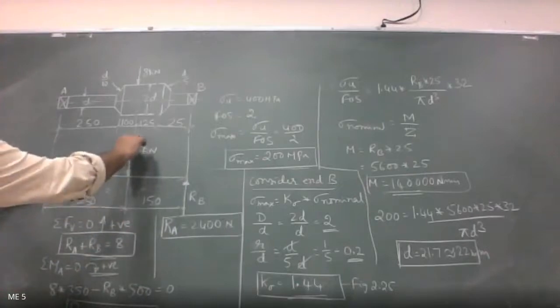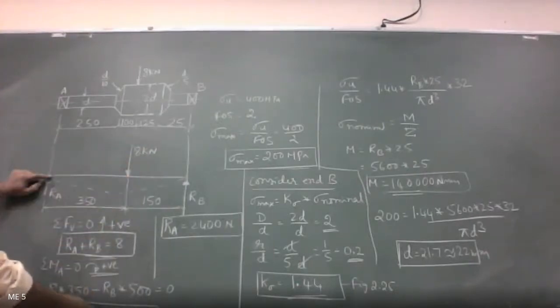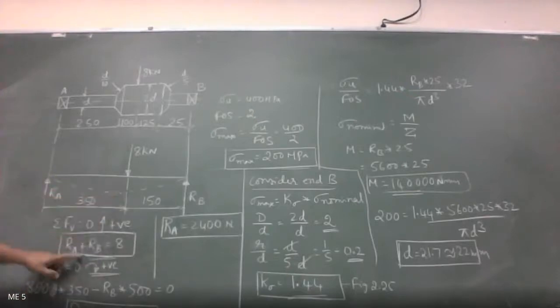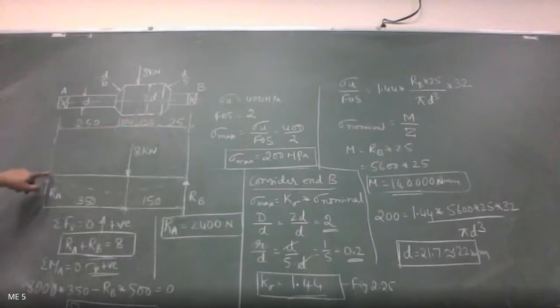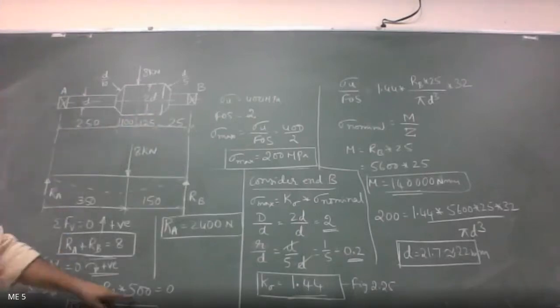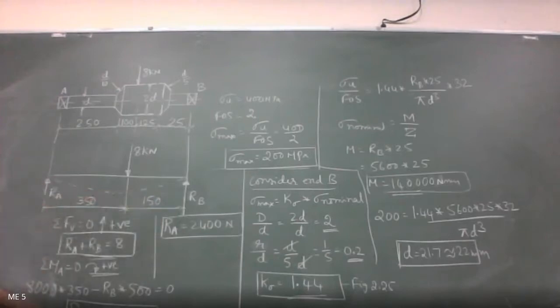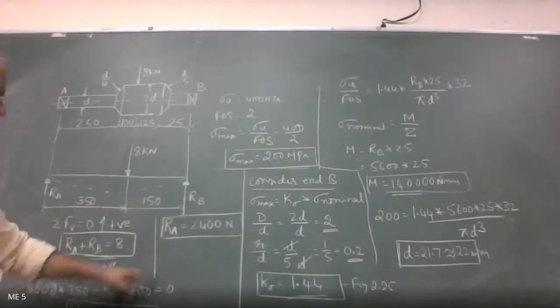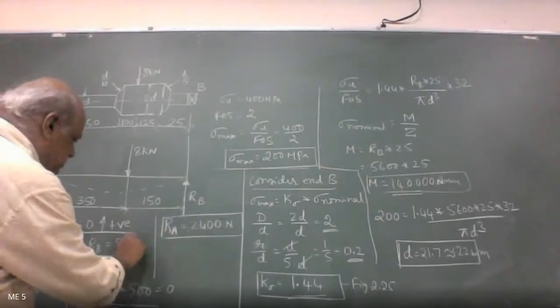We have 8 kilonewton acting in clockwise direction, so 8,000 into 350, as I've taken Newton, minus RB into 500, because RB is acting in counterclockwise direction with reference to A. With that, we will get RB as 5,600 Newton and RA as 2,400 Newton using this equation.